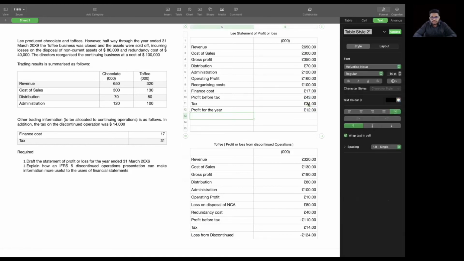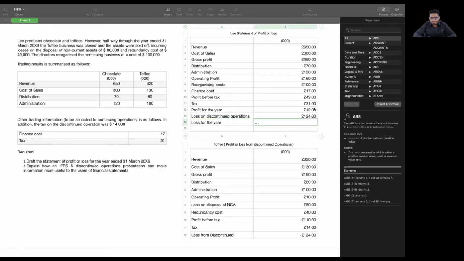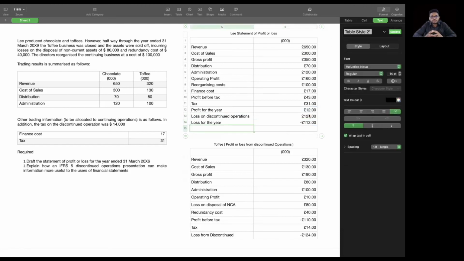That's 12. Now to this, I need to take the loss on discontinued operations. So I have a loss on discontinued operations of 124. So the loss for the year is going to be 12 minus 124. So you have a total loss of 112. Now that's the answer for the first one.